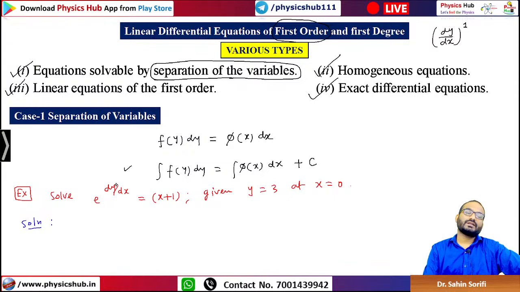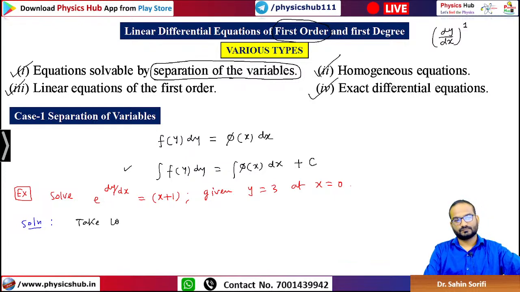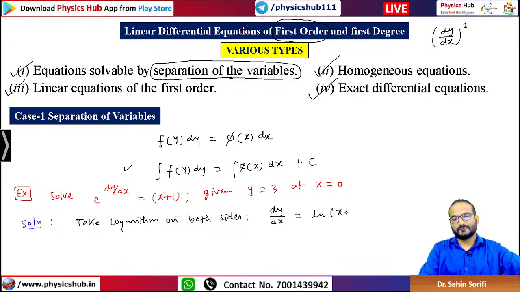So e to the power dy/dx, the first thing which will come into your mind is to take logarithm on both sides. Okay? So if you take logarithm on both sides, what you get is dy/dx equals ln of x plus 1.